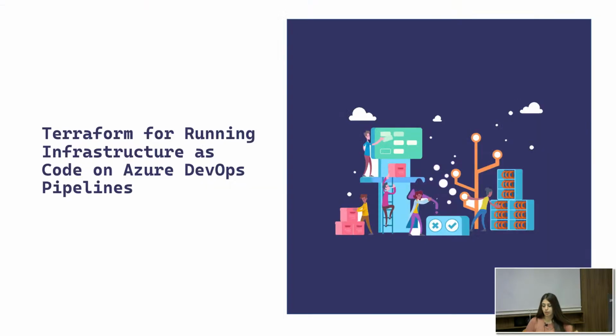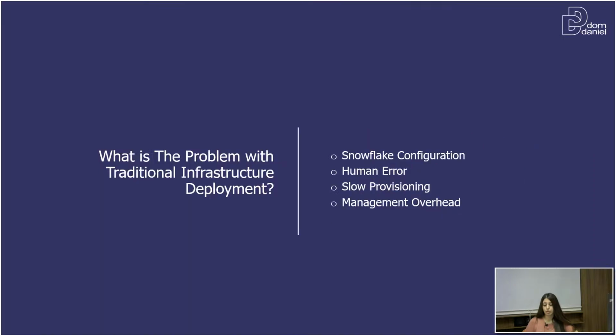Now let's get to the core of this presentation and talk about infrastructure as code, Azure DevOps pipelines, and their benefits. With the growing number of infrastructure deployments on the cloud, infrastructure as code emerged to solve many problems. So what is exactly the issue with the traditional deployment? First is the Snowflake configuration.